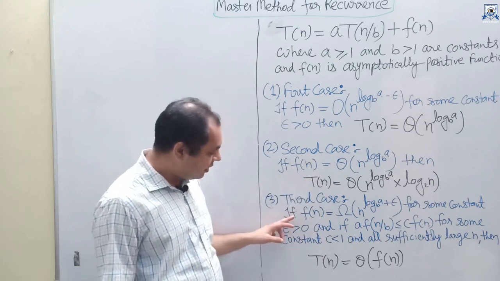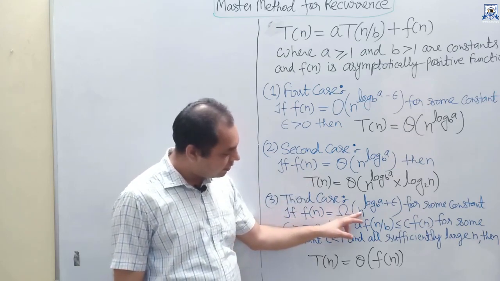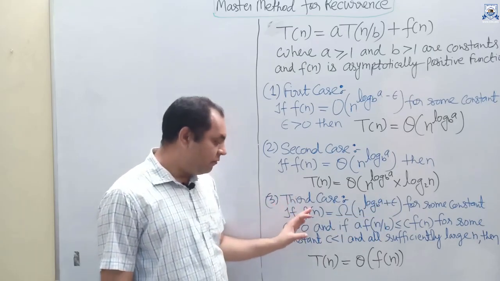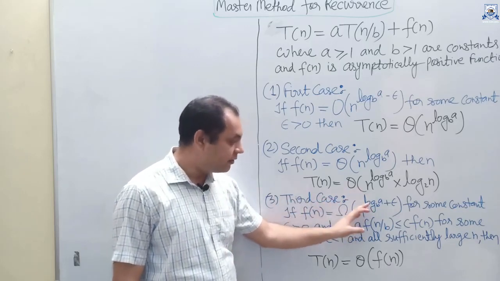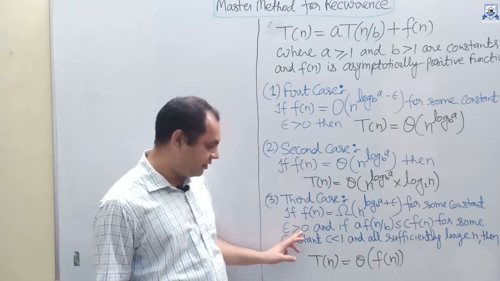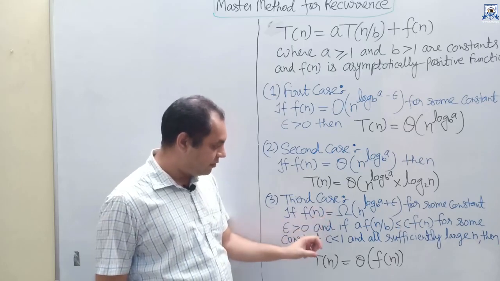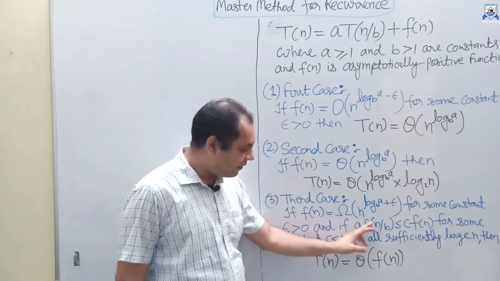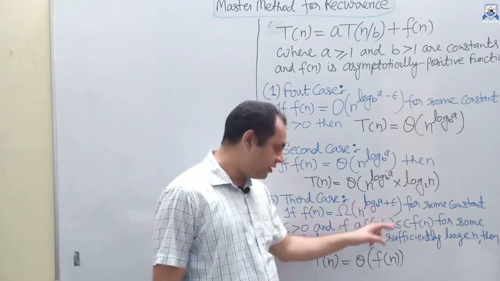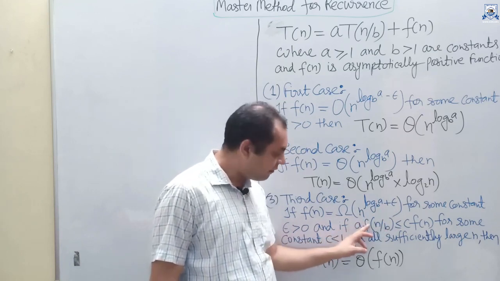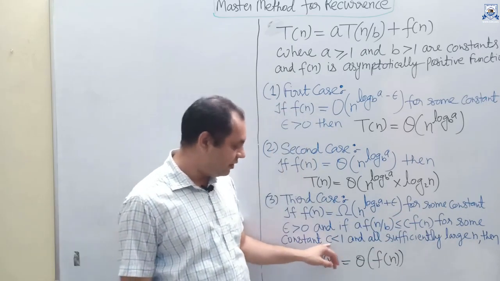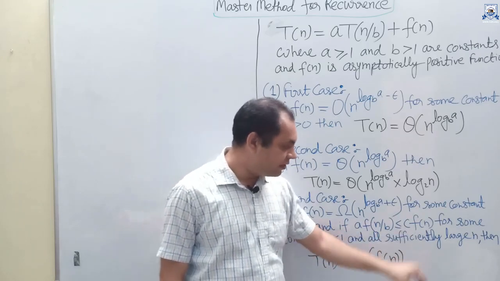Now come to the third case. The third case says if f(n) is equal to big omega of n to the power log a at base b plus epsilon, that means the value of f(n) is greater than n to the power log a at base b, for some positive constant epsilon greater than 0, and if this condition is true, then there is an additional condition for case 3: is a f(n/b) less than or equal to c f(n) for some constant c which is less than 1, and for all sufficiently large values of n.